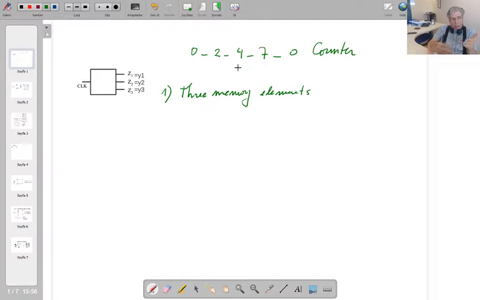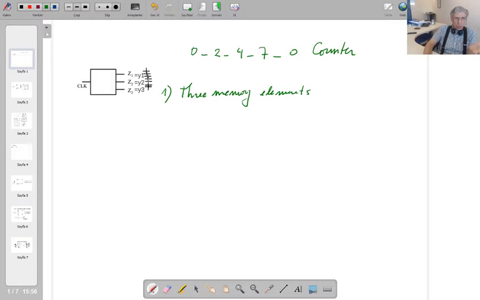So if I use three memory elements, I can take into consideration that the output of the memory elements is also the output of my circuit, like this. You see, Z1, Z2, Z3 is equal to Y1, Y2, Y3.